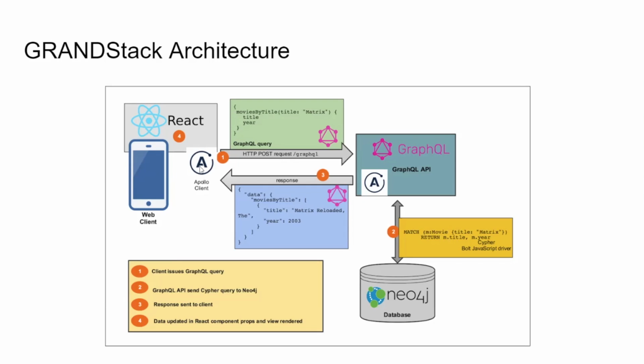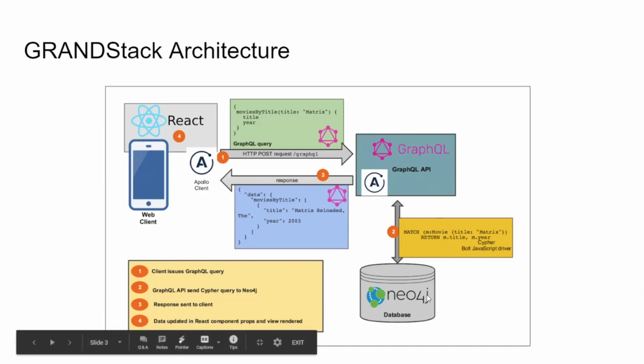Apollo client calls Apollo server, which is our GraphQL API, which is essentially, think of if you had a database, a description of everything in that database, how it works, how to call on the information. And then that connects to our Neo4j database or any other type of database.